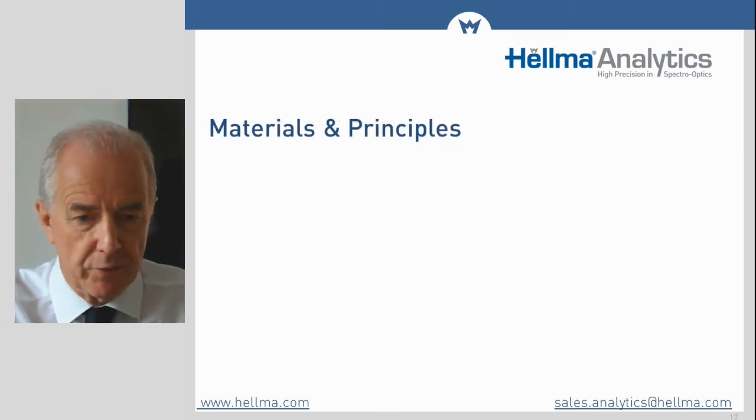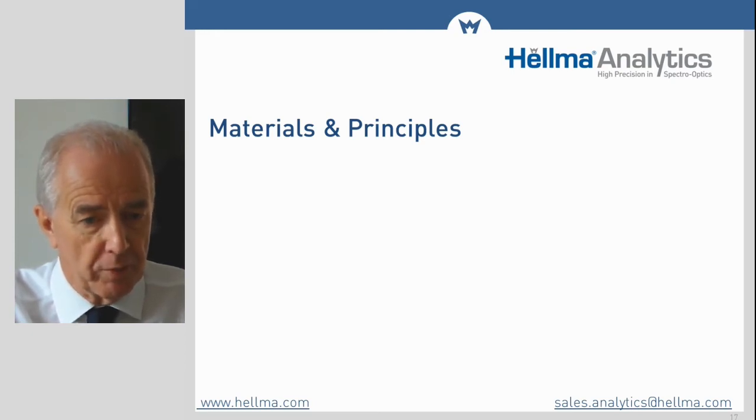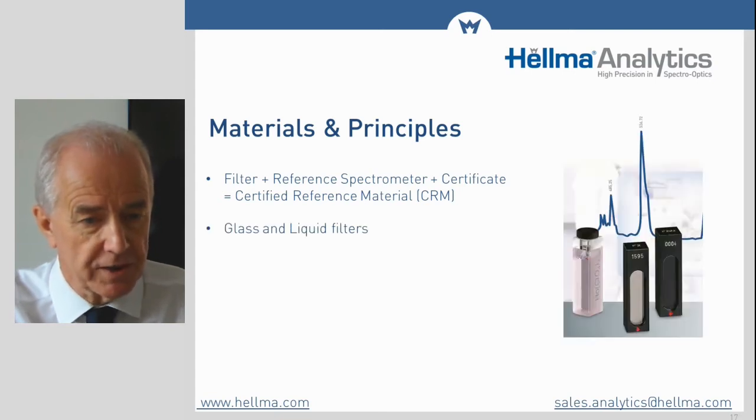To test these different parameters, a wide range of materials are available in the form of optical filters. These filters can be tested on reference spectrometers and given certified values that enable full traceability to NIST standards. So along with their relevant certificates, we refer to these filters as Certified Reference Material, or CRM. The two main types of filter are glass and liquid.